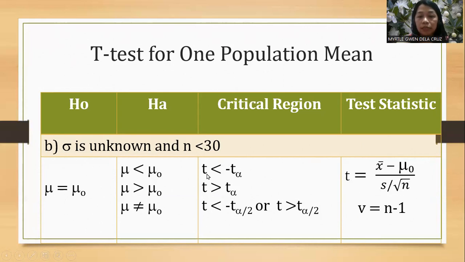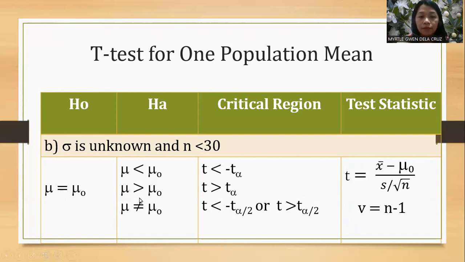So if t is less than negative t of alpha for this alternative hypothesis, then we're going to reject our null hypothesis. If this is our alternative hypothesis and t is greater than t of alpha, alpha is our level of significance by the way, we reject.